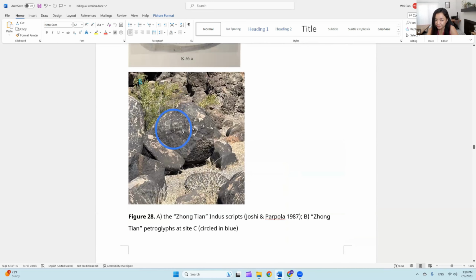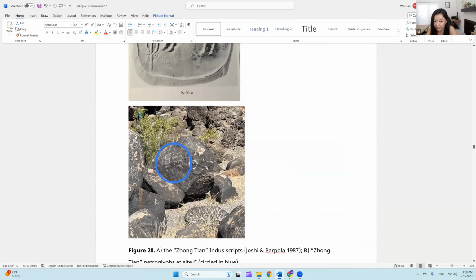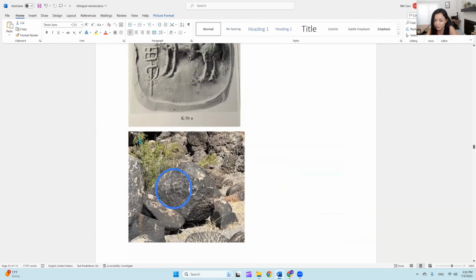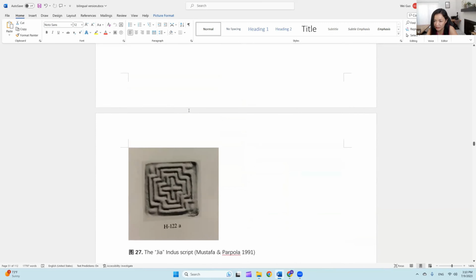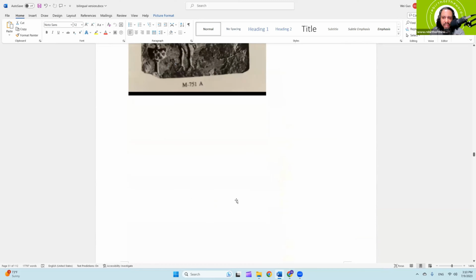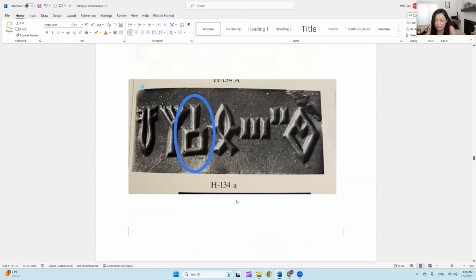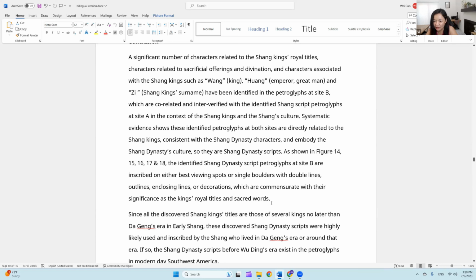This is the Indus sign. This is American petroglyphs. These two characters are also Chinese characters. So the cross, you see. They just don't have the knowledge. Then they started to say, okay, you make a story, you know.